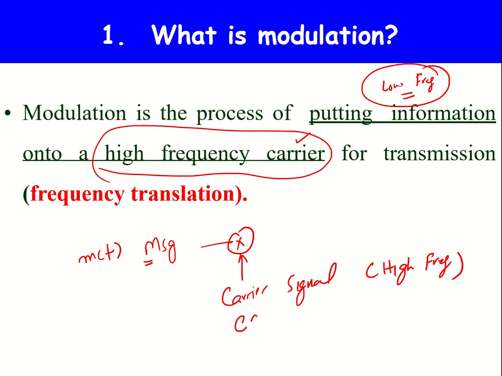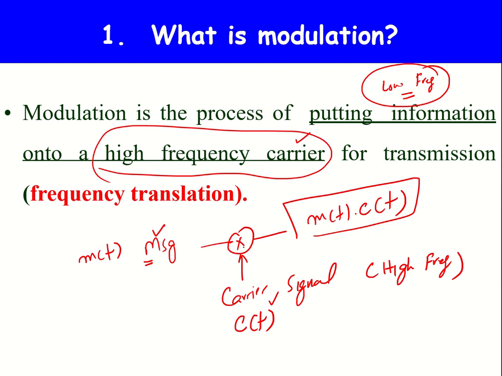This is my carrier signal. You multiply both of them and you get a modulated signal. The properties of the carrier signal change with respect to the message signal, the input signal.